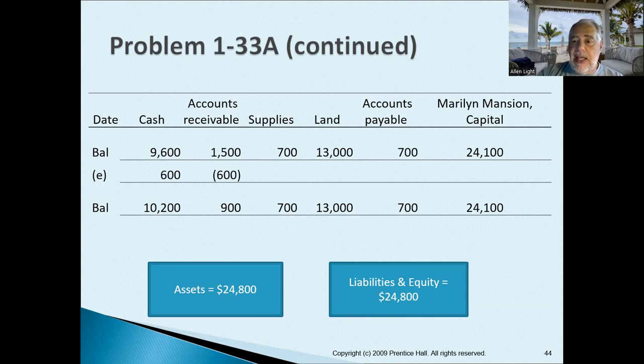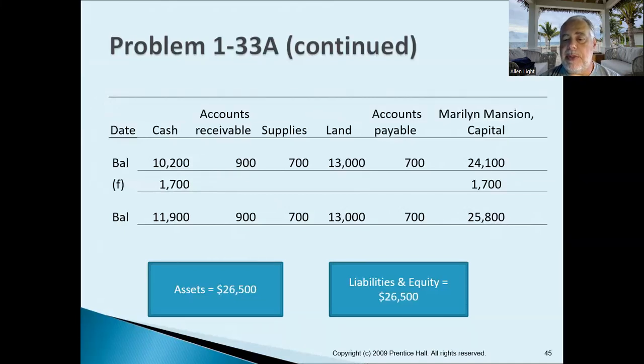So on the same side of the equation, if I add 600 and I subtract 600, it still equals. Okay, it's basically a wash. So my assets are 24,800 still. My capital is 24,800. So my books still balance, but I still affected 2 different accounts.